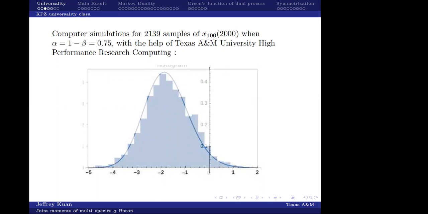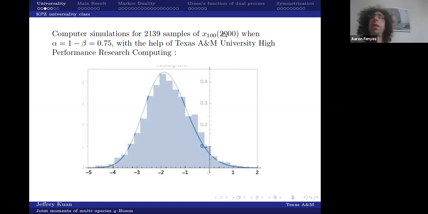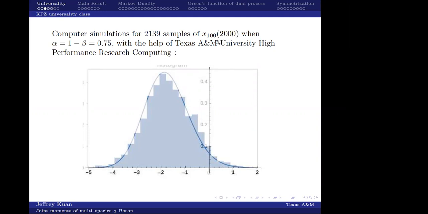Oh yeah, I'm not very good at computer programming, so there's probably a clever way of sampling it. What I did was actually just what you said. I just ran a bunch of exponential clocks. That's why I needed the supercomputer, because by time 2000, you have way too many particles for my laptop to run effectively.